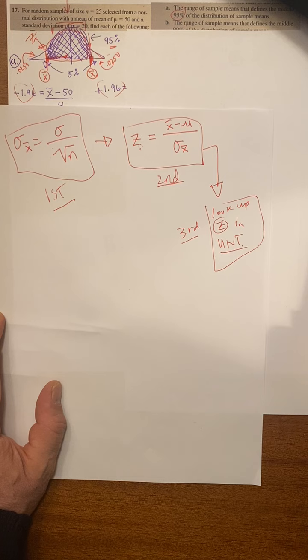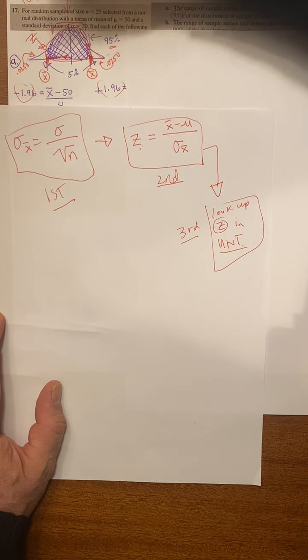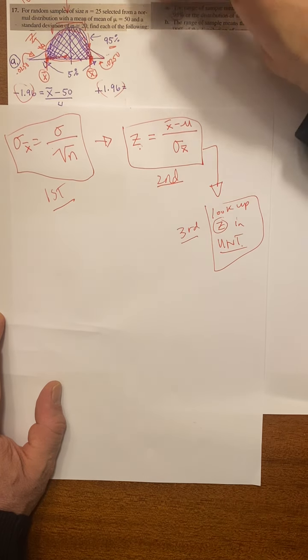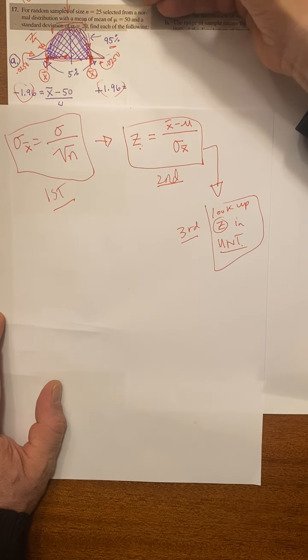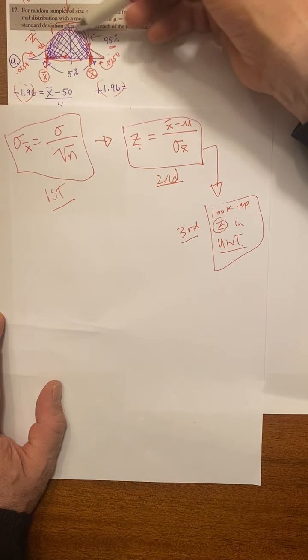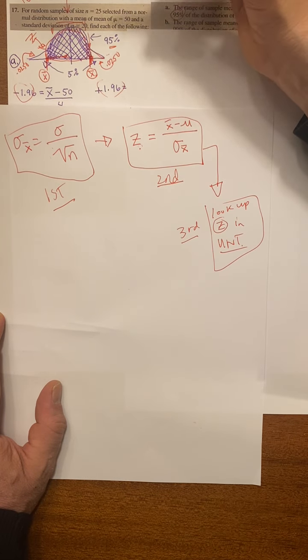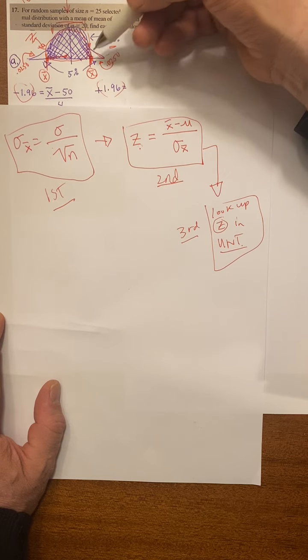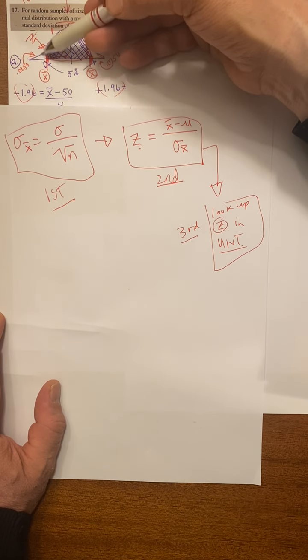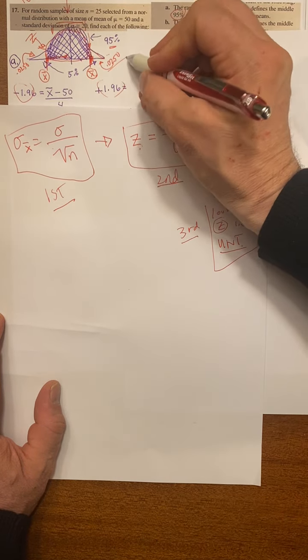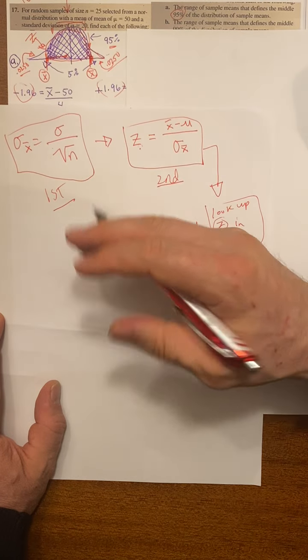That middle part is 95%. What's 100 minus 95? It's 5%. How is that 5% spread in this curve? Well, half of the 5% is here, and half of the 5% is here. What are each of those halves? That's that 0.0250.